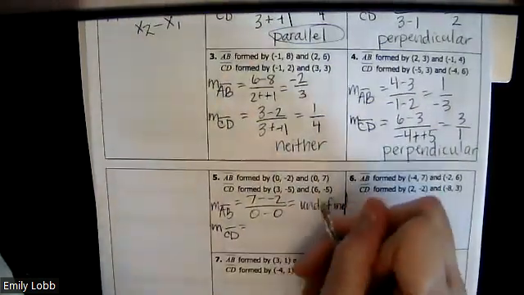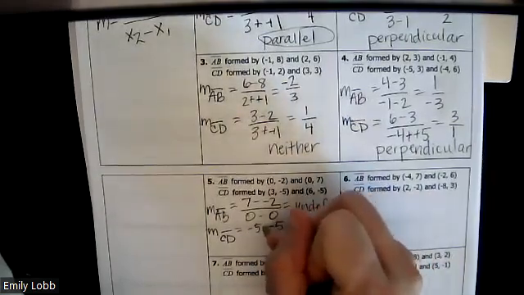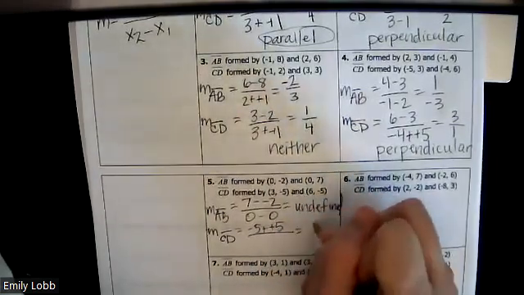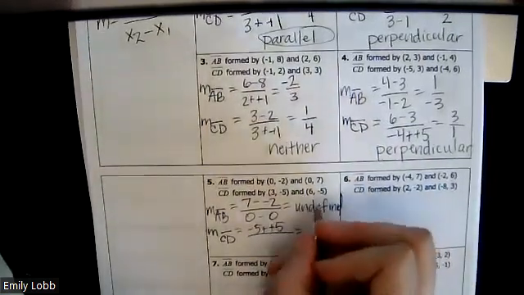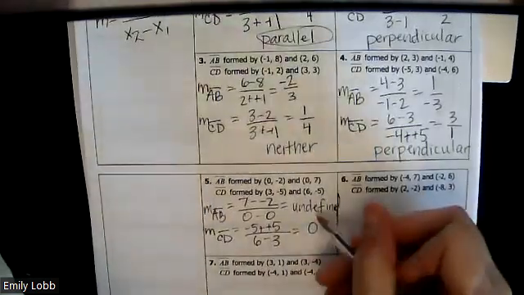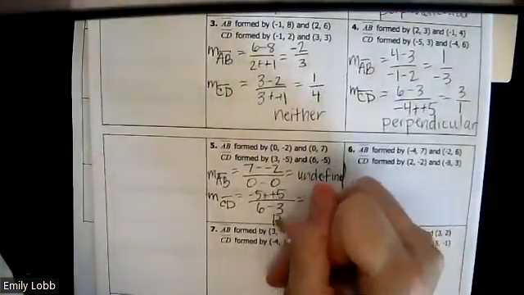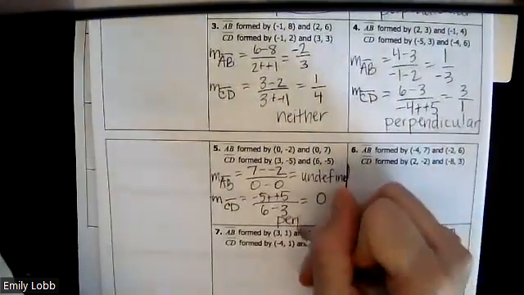And this was one of our examples. So -5 minus a -5, that's going to be 0 on top. So we know that's going to be 0. You can write out 6 minus 3 if you want here. But we know from our example that 0 and undefined are negative reciprocals. So this is also perpendicular, like number 4.